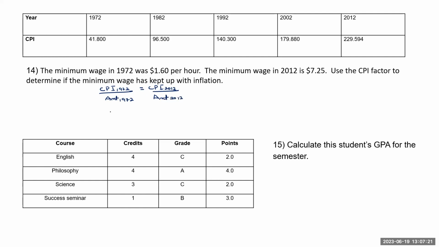And so by looking at the CPI table, we can pull that information from there. 41.8 divided by 1.60, which is the minimum wage in 1972, set that to be equal to what the CPI value is in 2012 over X. And so we cross multiply. So you have 41.8 times X to be equal to 1.60 times that. Divide both sides by 41.8.